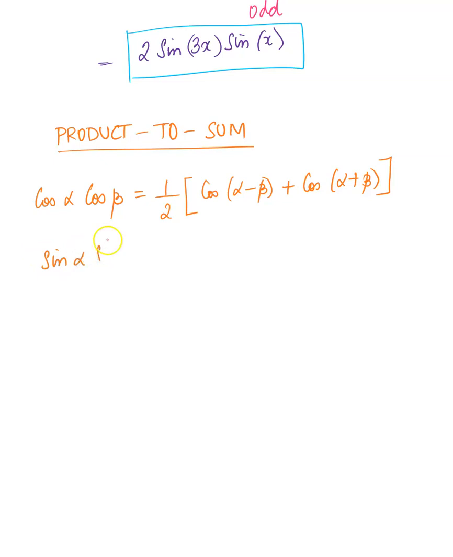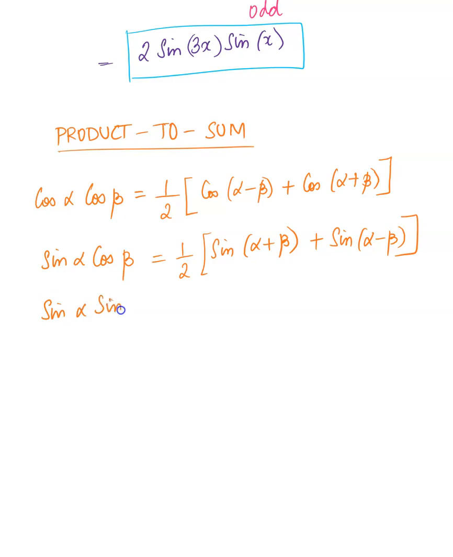So it is really not so bad that we have that many formulas because they're all generated one from the other. Okay, so now we have this combination where it's sine alpha cosine beta. That will be half sine alpha plus beta plus sine alpha minus beta. If it's sine alpha sine beta, half of cosine alpha minus beta minus cosine alpha plus beta.